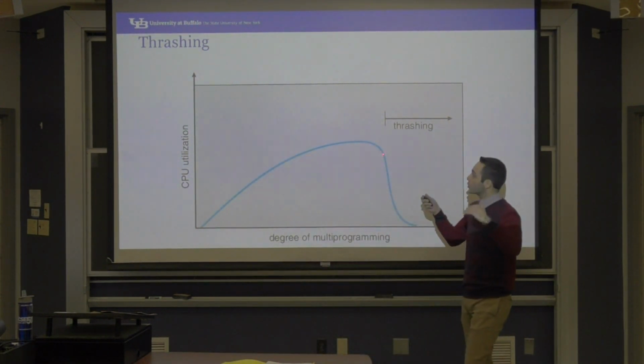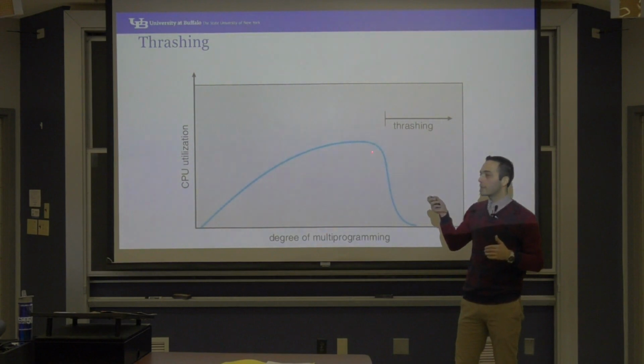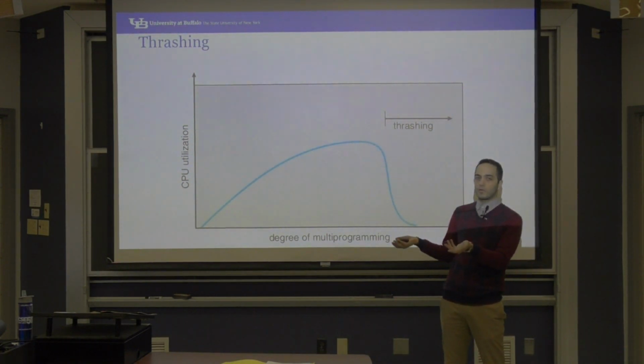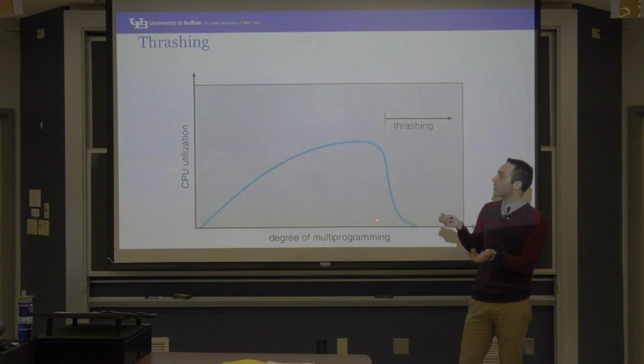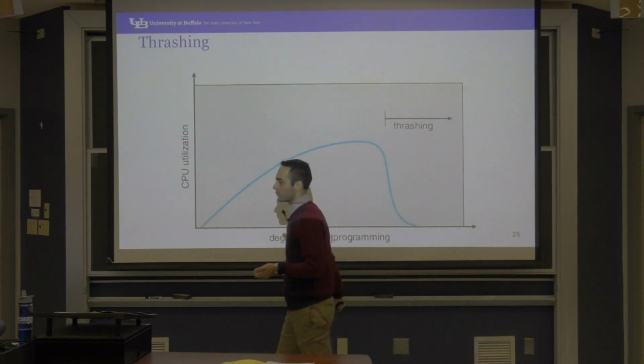But at some point, you start overutilizing the virtual memory, and then the CPU cannot work because the pages are not available for the processes. As you increase the degree of multiprogramming, this only gets worse, and then your system can crash. Okay? So this is called thrashing.